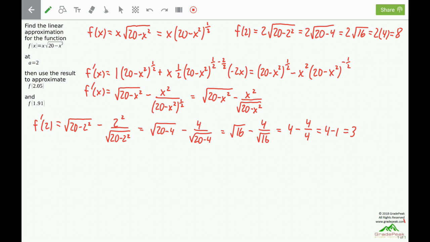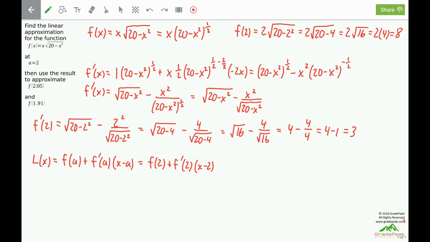The formula for the linear approximation is f of a plus f prime of a times x minus a. In this problem, a is a 2, so this will be f of 2 plus f prime of 2 times x minus 2.